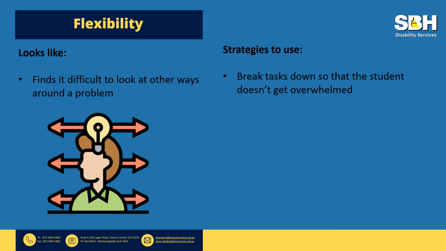Flexibility, for a child with difficulties with executive functioning: they easily get upset by a change in plans. They don't adapt well to disruptions in the class, or disruptions by another child asking a question. It takes them off track. They find it difficult to look for other ways around the problem.